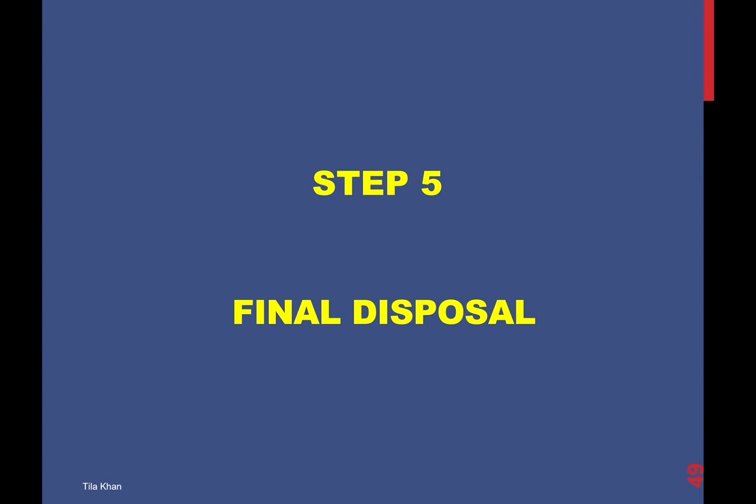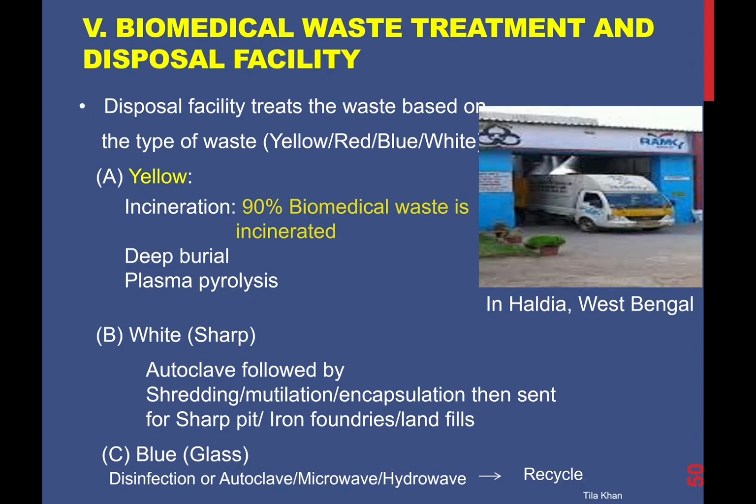The last step is the disposal of the waste in the final disposal site. The disposal facility treats the waste based on the type of waste. Yellow waste is mainly treated by incineration. 90% of biomedical waste is incinerated. All the waste is converted to either gas or ash.